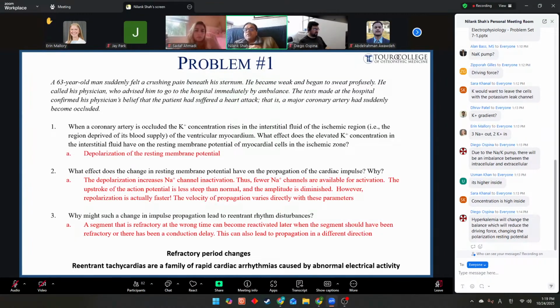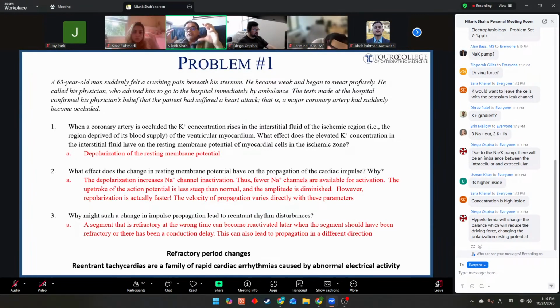So there is a high level of potassium outside in hyperkalemia, which will decrease the driving force for potassium to leave the cell. Because when you have a high level of potassium, in this case because of myocardial infarction, there is a reduced electrochemical gradient for potassium, and that will decrease the driving force for potassium to leave the cell from ICF to ECF.